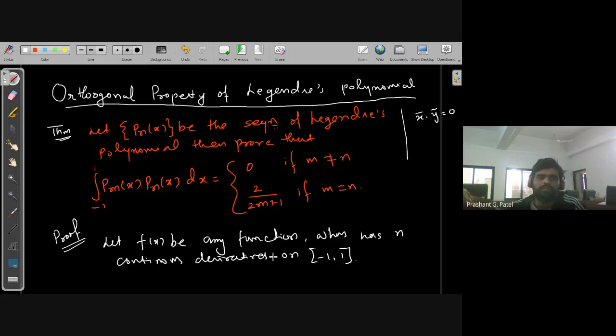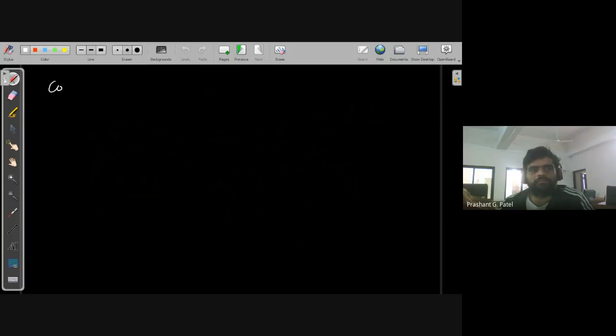So we'll consider continuous derivatives between -1 and 1. Consider I is equal to the integral from -1 to 1 of f of x Pn of x dx.